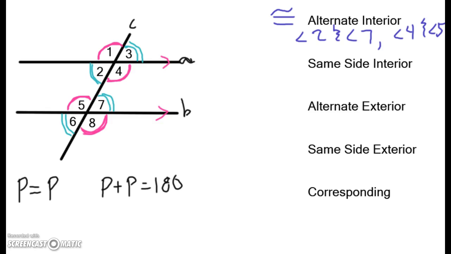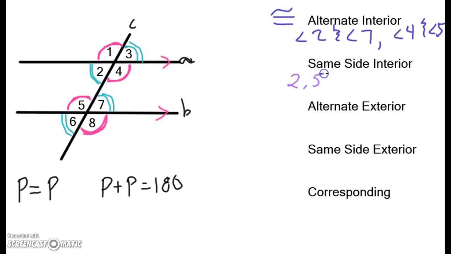All right, I'm going to switch to a different color. We're going to do another one. Same side interior. Same side means they're on the same side of the transversal. Interior means they're in between the parallel lines. So in between and on the same side of the transversal. That's like 2 and 5.